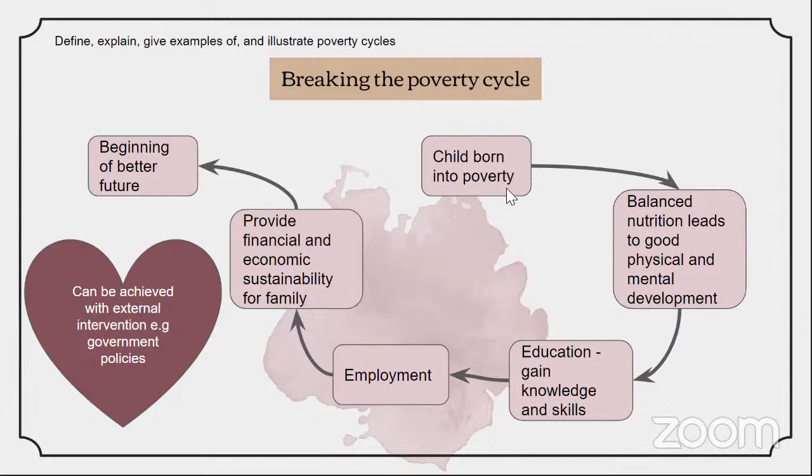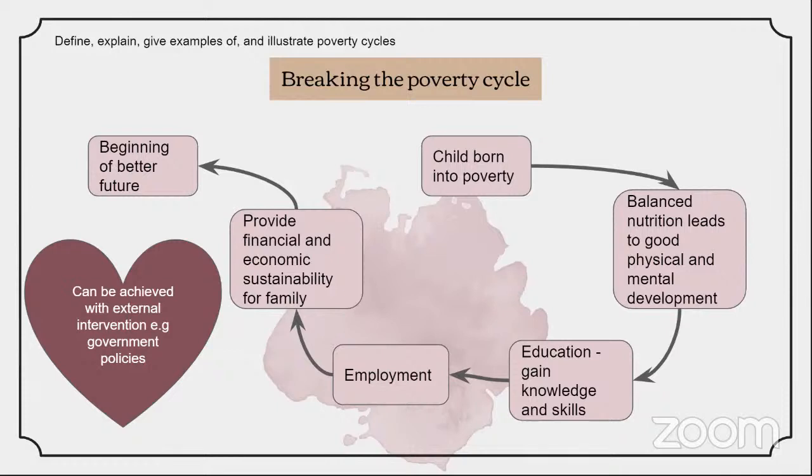Let's say the family gets a subsidy, or maybe some NGO helps the family financially. Because of this help, the child will get balanced nutrition, nutritious food, and this will lead to good physical and mental development.